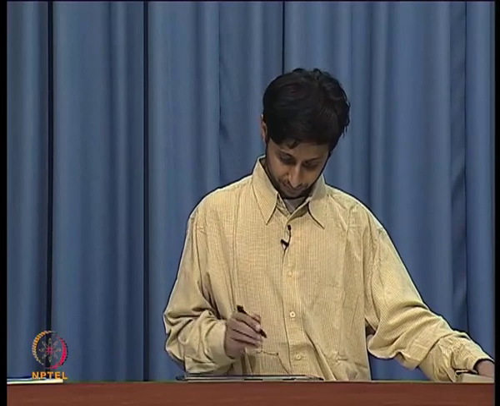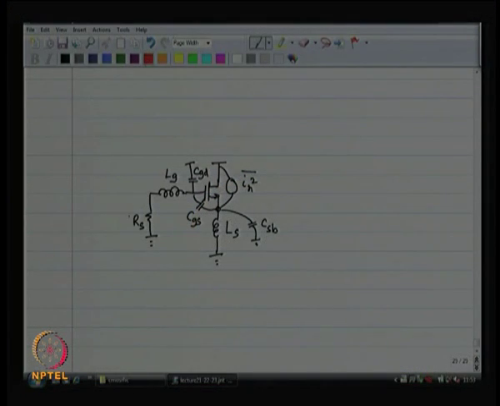So, this also has its own noise voltage. Now we have to find out what is the channel noise when I refer it back to the input voltage source. What is the channel noise when I refer it back to RS? This is basically the question.